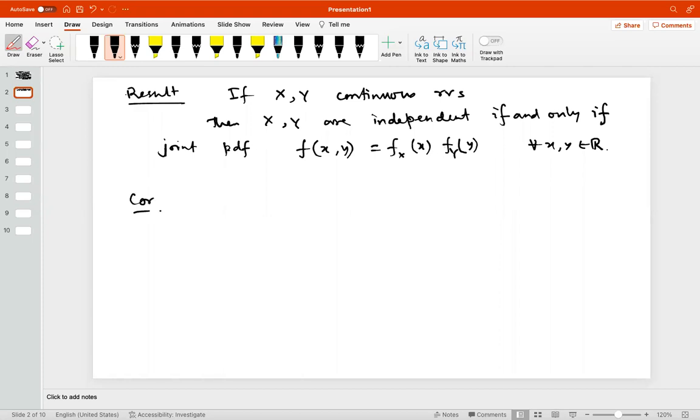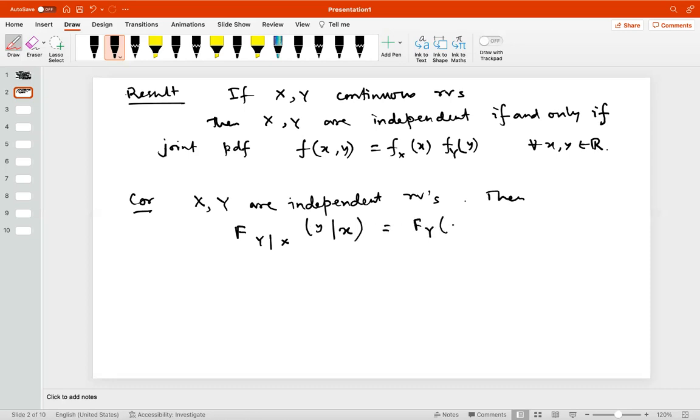Now another corollary of this is, if X and Y are independent random variables, then the conditional distribution of Y given X equal to x, at the point y, is just equal to the distribution function of Y at y for all x, y.